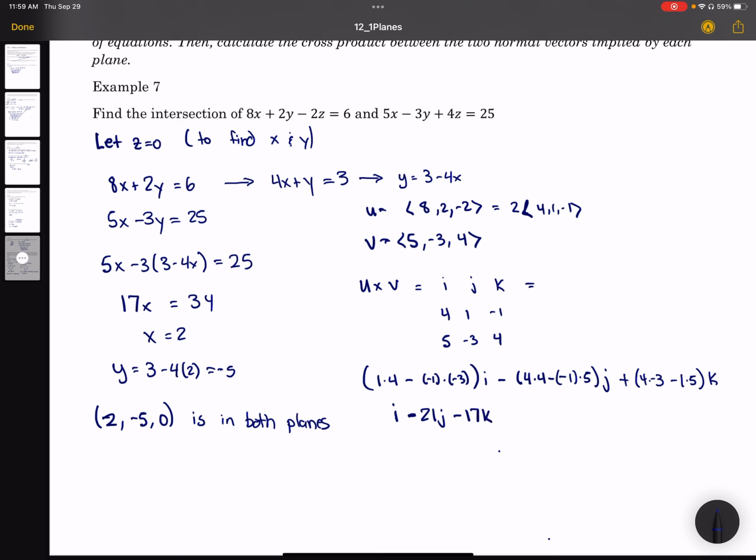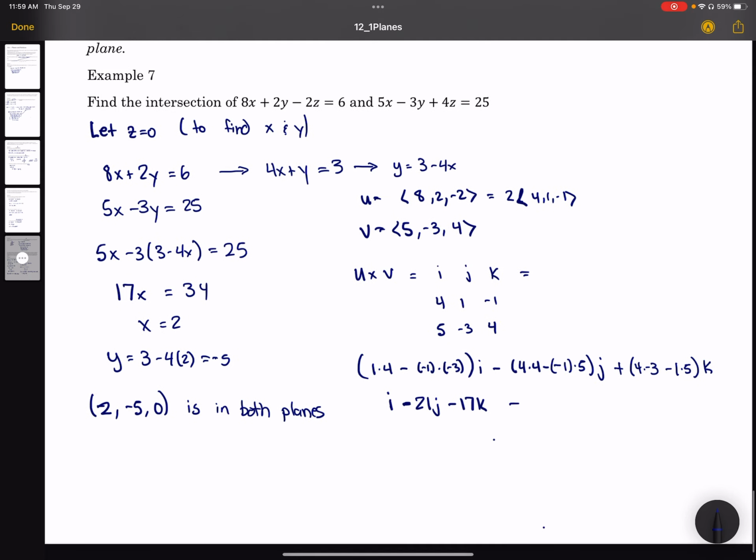Ugly numbers. So then this implies the normal vector of 1, negative 21, negative 17.